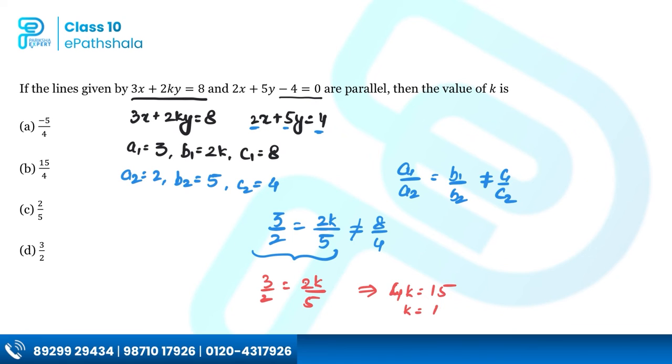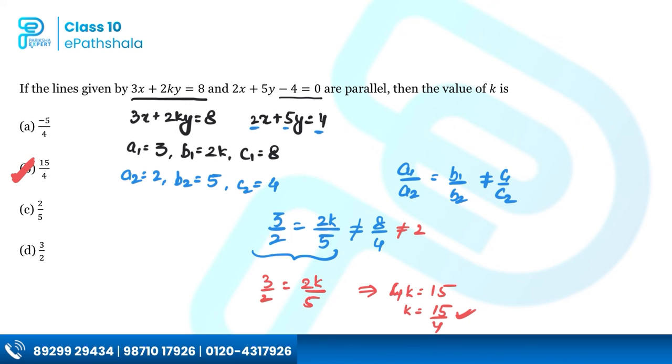So k will be equal to 15 by 4. This will be the option B for us. Remember, it should not be equal to 2 also. So if it is not coming equal to 2, the answer will be 15 by 4 only.